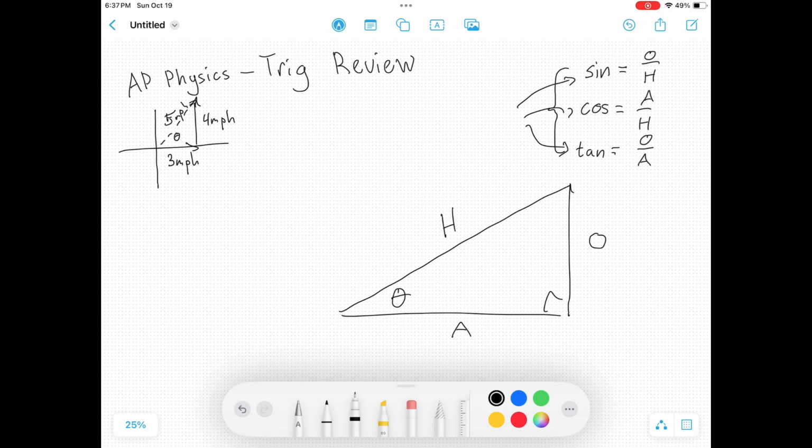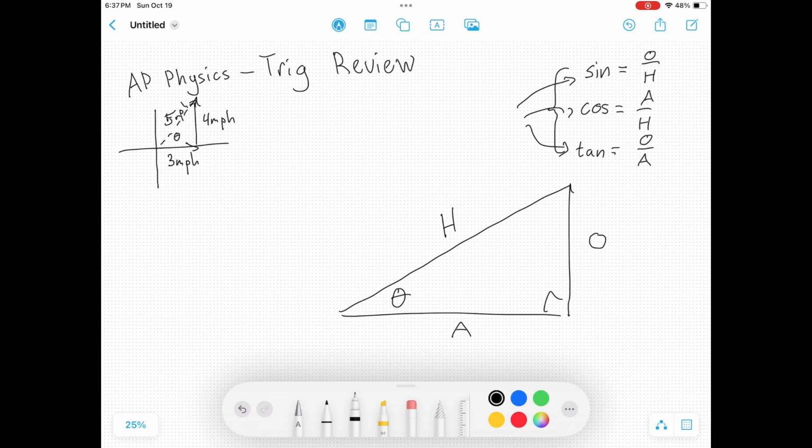So that is the length of our vector. Don't get this confused with a triangle. We're using triangles to solve for these angles, but the total length of our vector is 5 miles per hour. But in what direction? Because remember, vectors have direction and magnitude. So what direction are we pointing in? Well, this is where we use inverse trigonometry.